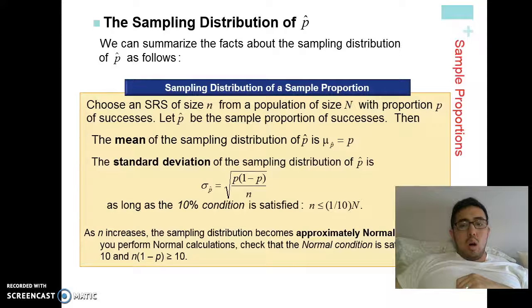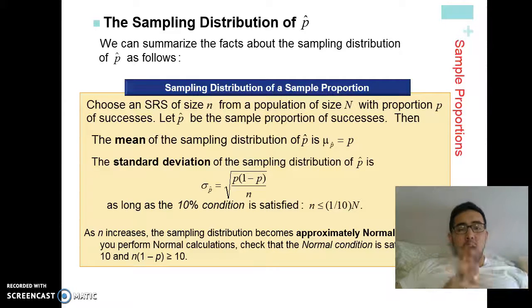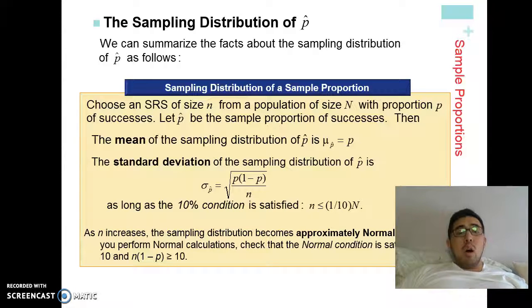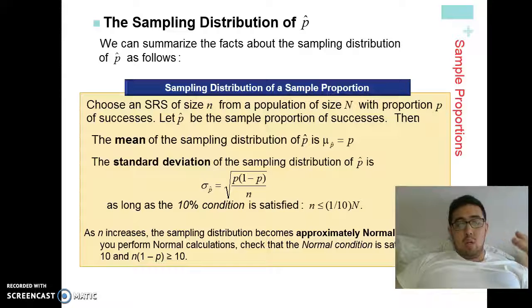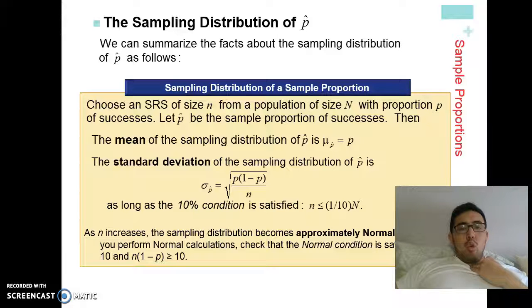So, it can be summarized as follows. The mean of my sampling distribution is just p. My standard deviation is the square root of p times 1 minus p over n, as long as the 10% condition holds. Remember, because this is in relation to a binomial scenario, right? And also, I forgot to mention this. In order to do normal calculations on this, right?